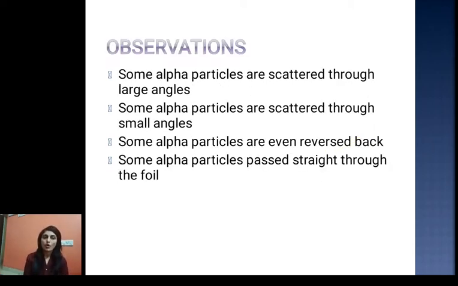Now, what were the observations? They found that some alpha particles are scattered through large angles, some alpha particles are scattered through small angles, some alpha particles are even reversed back, and some alpha particles passed straight through the foil.